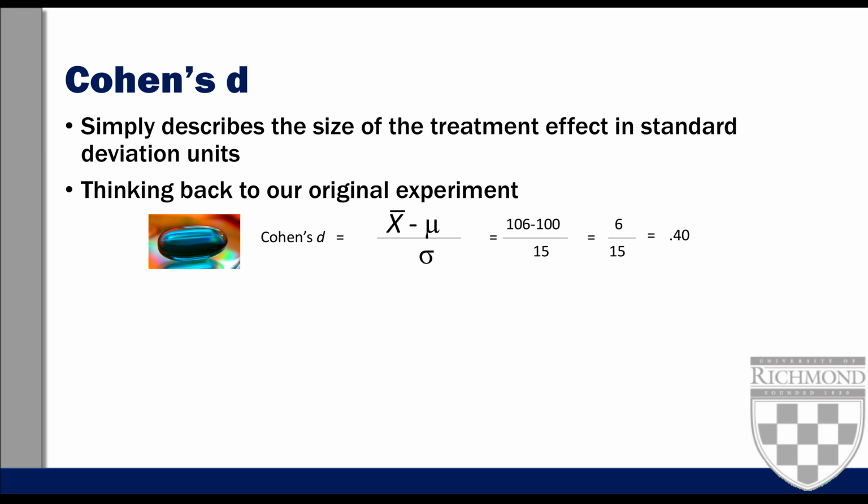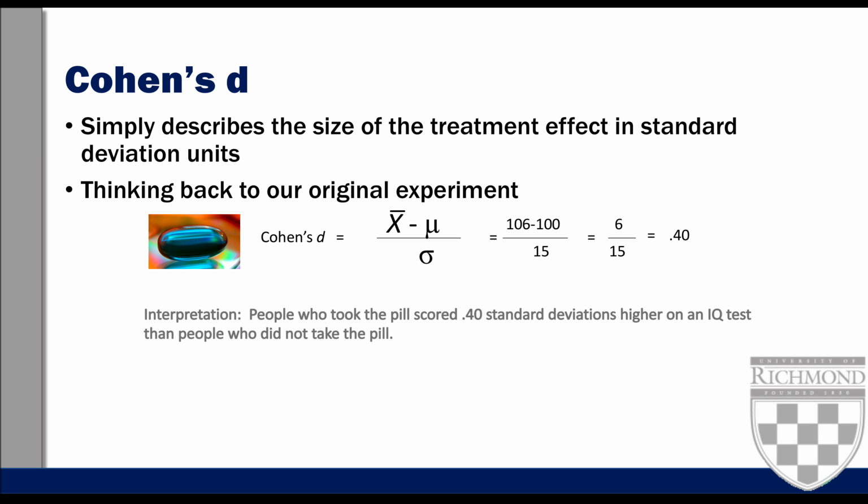Now, what does that 0.40 mean? That's the question. So the way we're going to interpret that is to say, people who took the pill scored, on average, 0.40 standard deviations higher on an IQ test than people who did not take the pill.